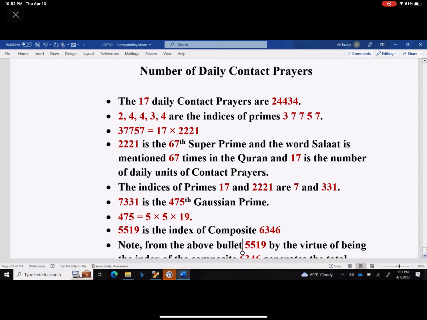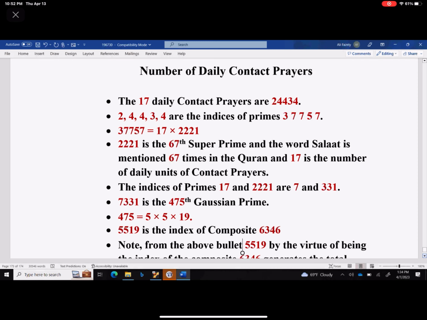Now, again, I want to stress this fact that 5921 is actually 31 times 191. Factors are in tune. 31 times 191.